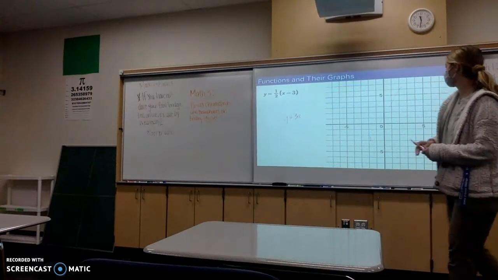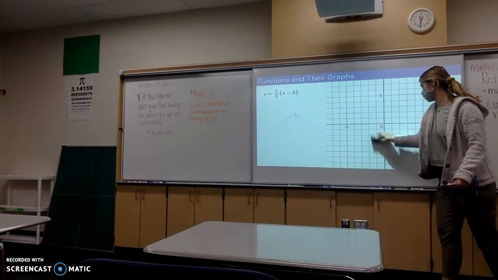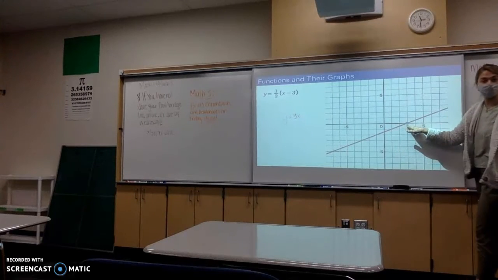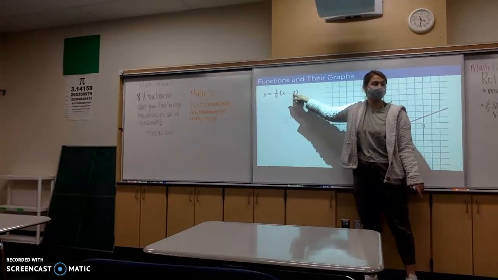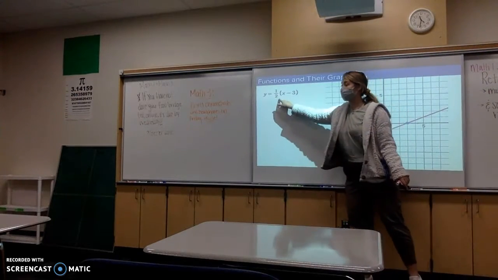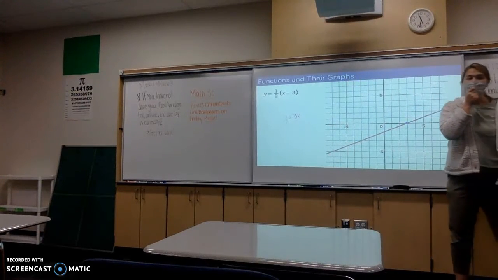Okay, so let's see what that line looks like. So we knew it was going to move to the right 3 because of this -3 on the inside of my parentheses. And it's half as steep because of that 1/2 on the outside.